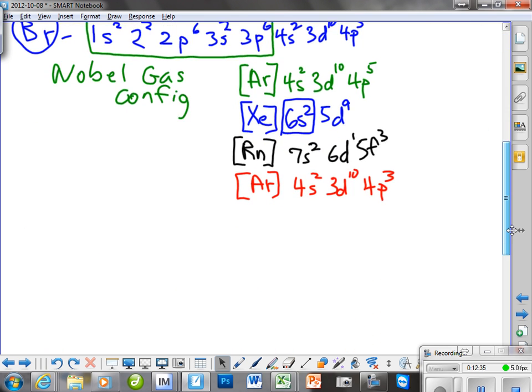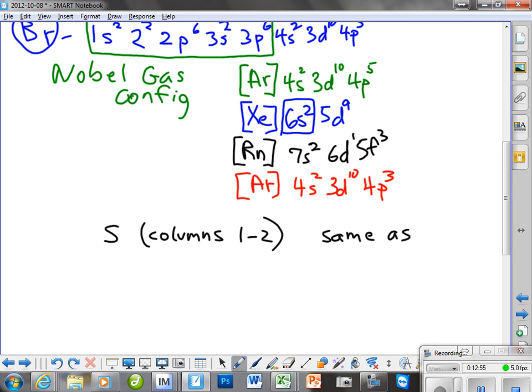So what I say with that is for s, which is columns 1 through 2, it's the same as the PEL, principal energy level.